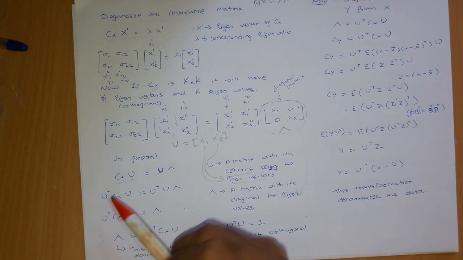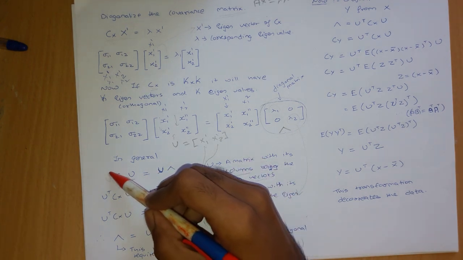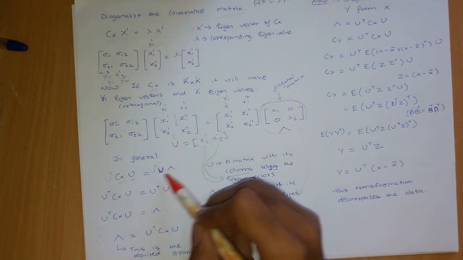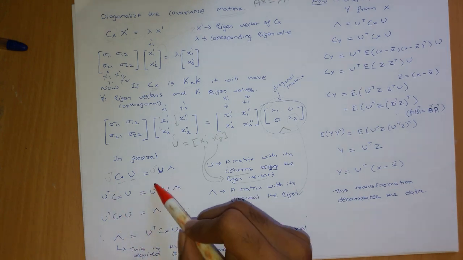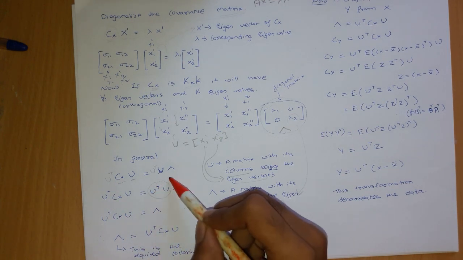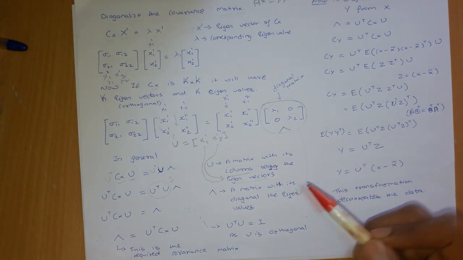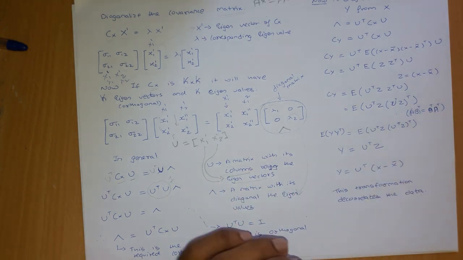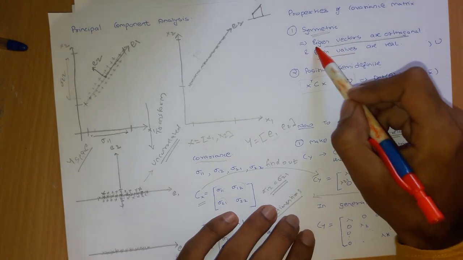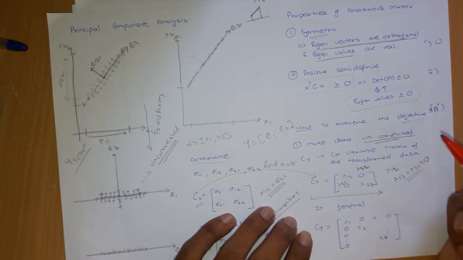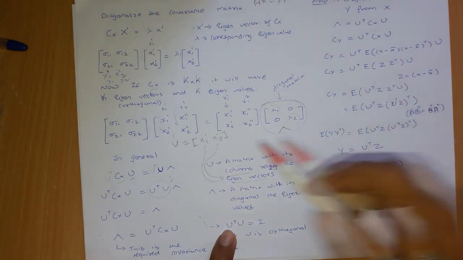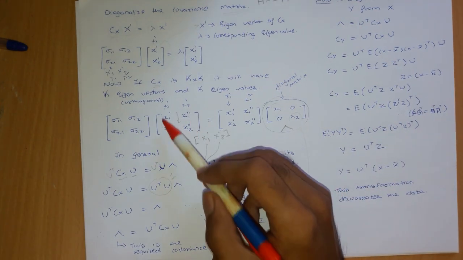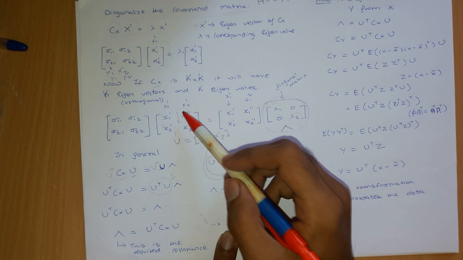Next, I can pre-multiply by U transpose on both the sides. Here you can see that this particular thing will become I. The reason for this is that eigenvectors are orthogonal. All the u's are eigenvectors, this is the first eigenvector, the second eigenvector.